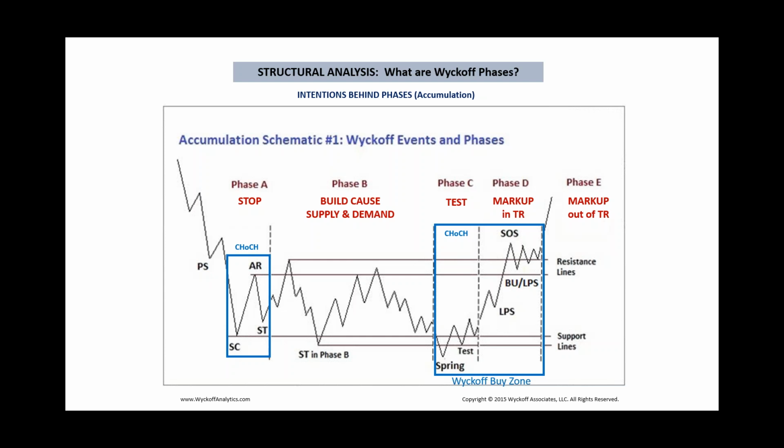So how did Wyckoff look at the consolidation? He has recognized that consolidation starts and goes through specific phases that are somewhat generic for all of the consolidations. The first phase, which he called phase A, the intention of that phase is to stop the previous trend. So in this example, if we are having a downswing here, the first action that we're going to see going into the consolidation is some kind of climactic action.